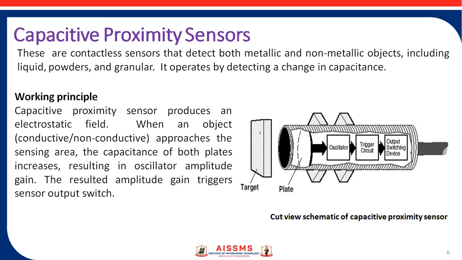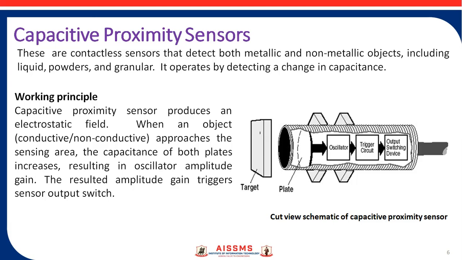The only difference is that it comprises two charging plates for capacitance, an internal plate and an external plate. The internal plate is connected to the oscillator and the external plate is used as the sensing surface.